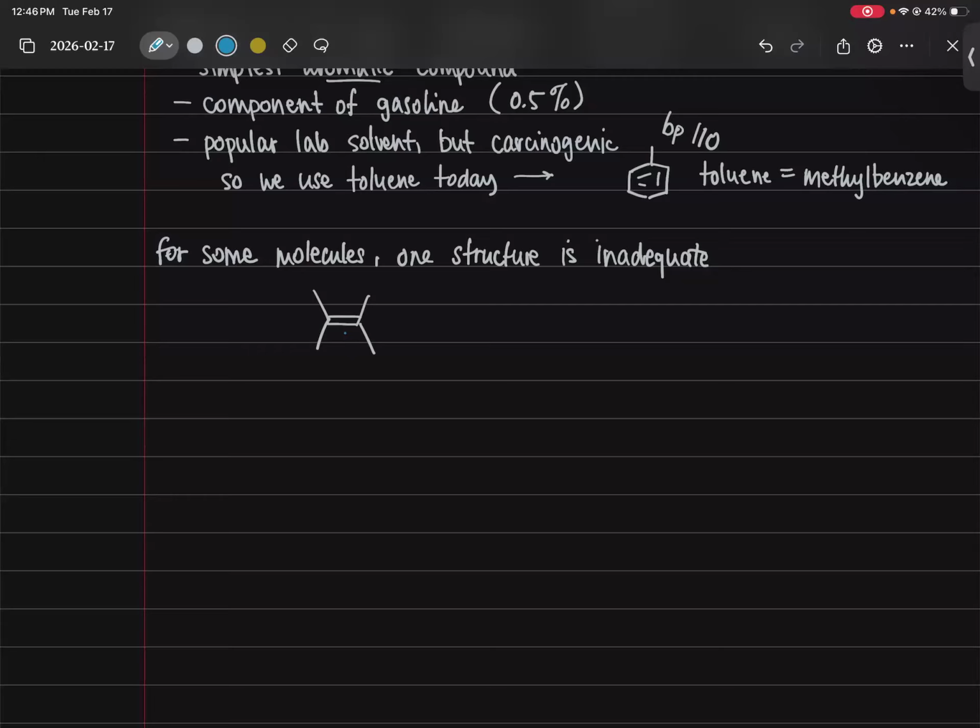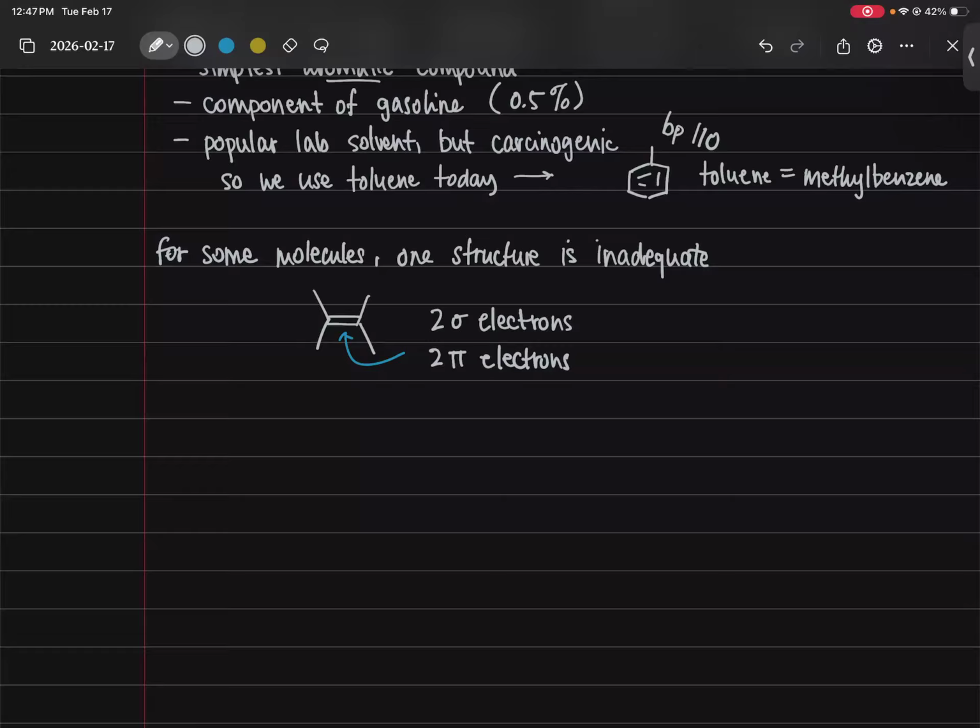What the two lines are telling us is that between the two carbons in the middle, we have two sigma electrons that are forming the sigma bond, or the first bond. Then we have two pi electrons, and those are forming the pi bond, or the double part of the double bond.